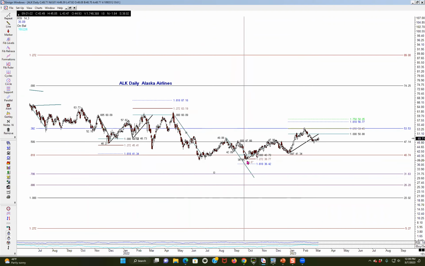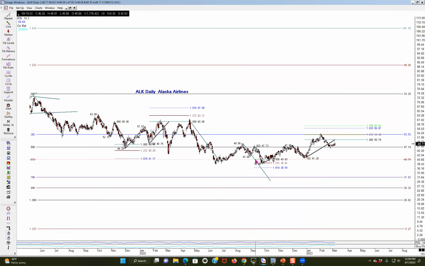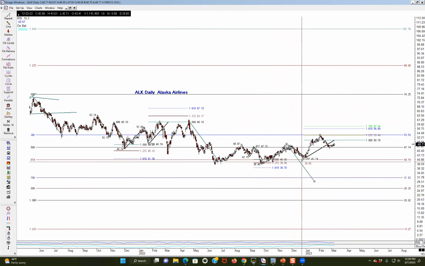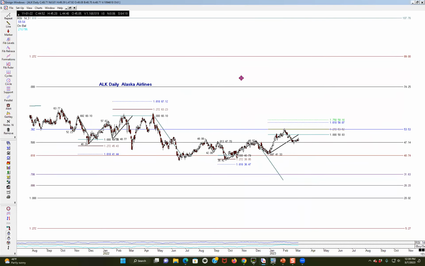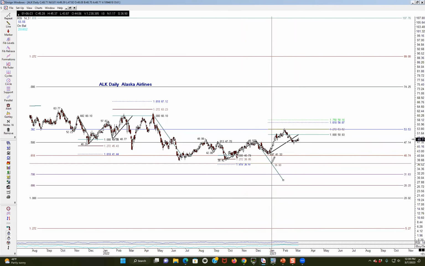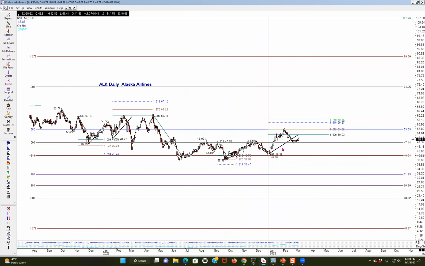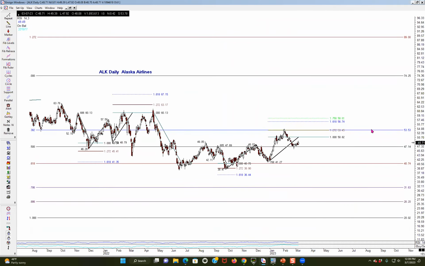So this one looks like it's about 50% of that swing. And this one over here looks closer to the 0.382 Fib retracement. So right now, this particular symbol has formed an ABCD sell pattern.